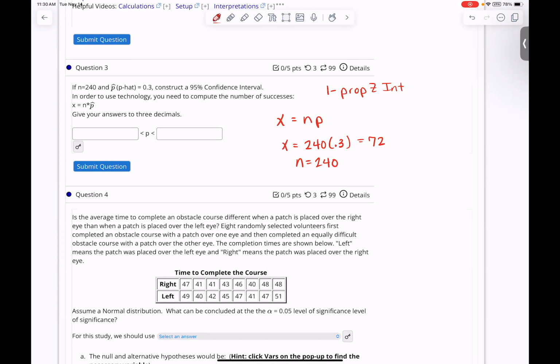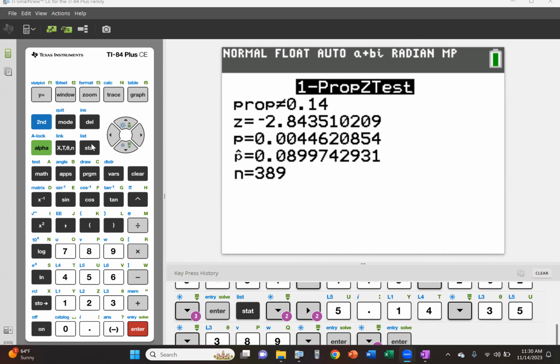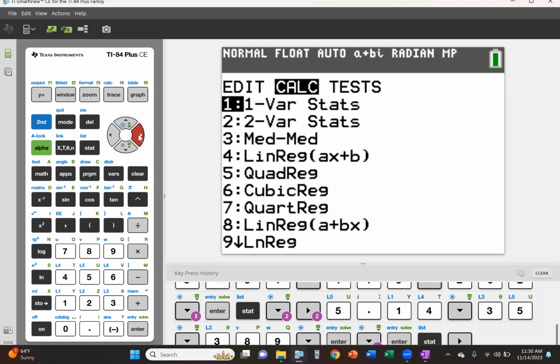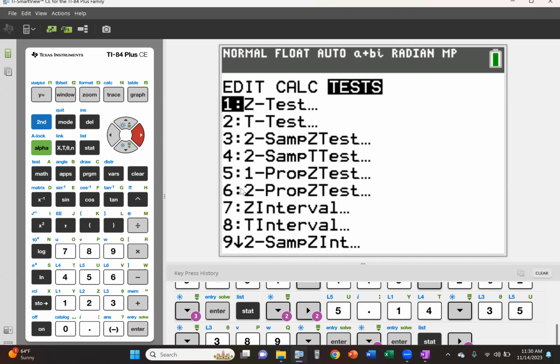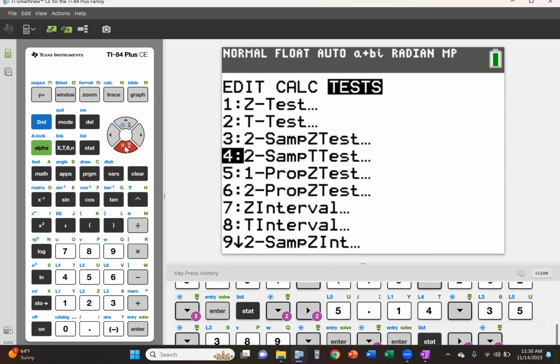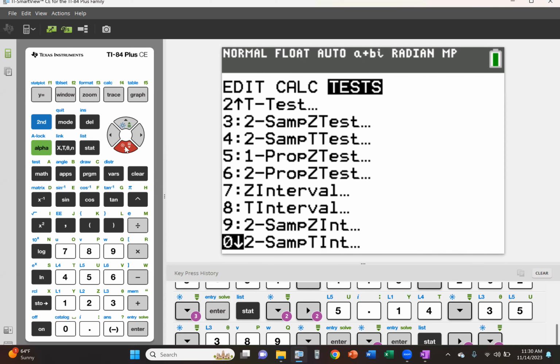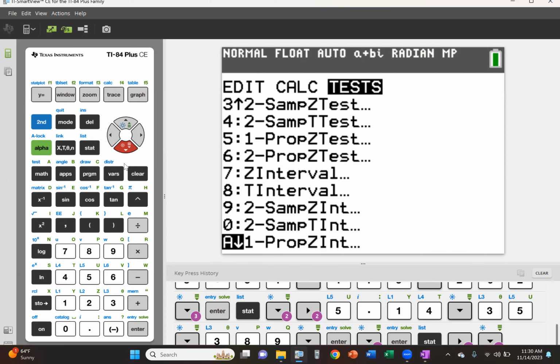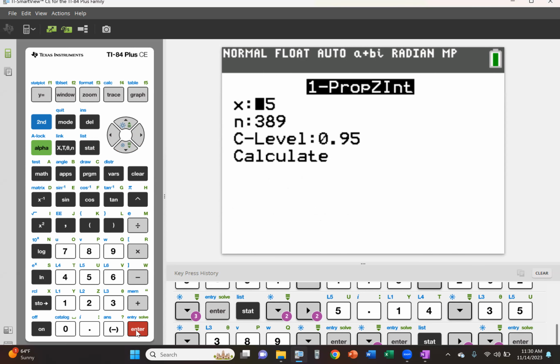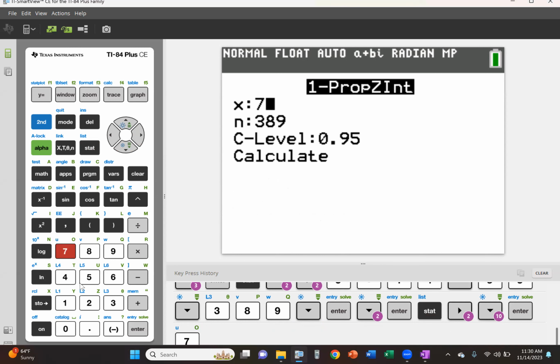So a 1 proportion z interval. So Stat, Tests, a 1 proportion z interval. You just scroll down. 1 proportion z interval is A. And I need to put in X, which is 72, and N, which is 240.